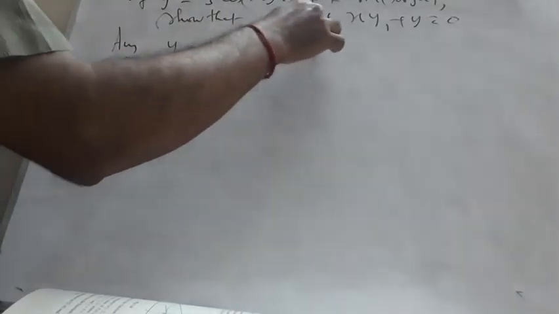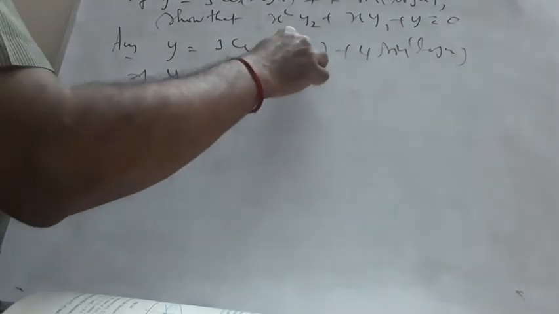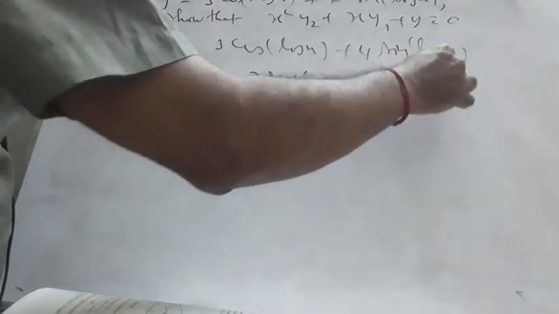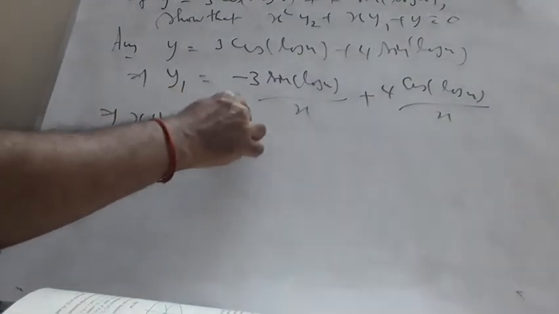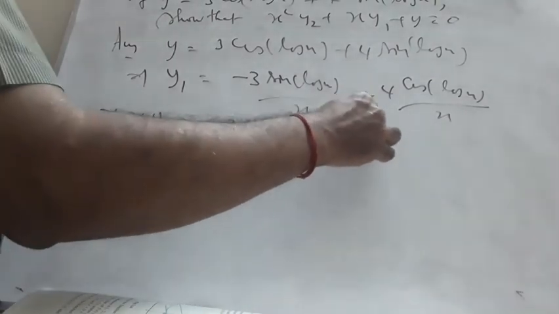Answer: y is equal to 3 cos log x plus 4 sin log x, which implies y1 is equal to minus 3 sin log x divided by x, because the derivative of log x is 1 by x, plus 4 cos log x whole divided by x. Let me cross multiply x: x y1 is equal to minus 3 sin log x plus 4 cos log x.